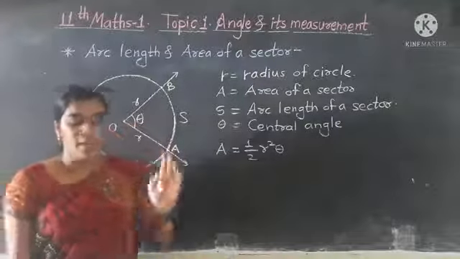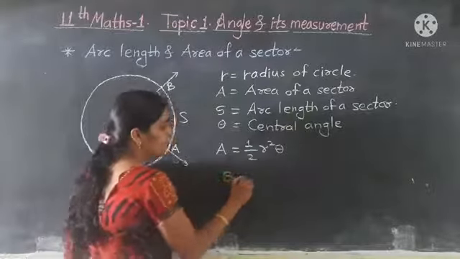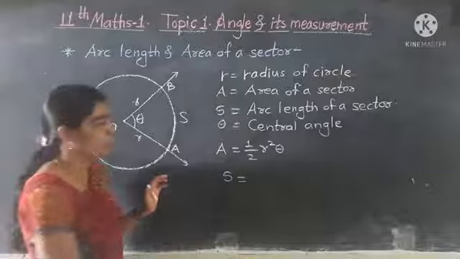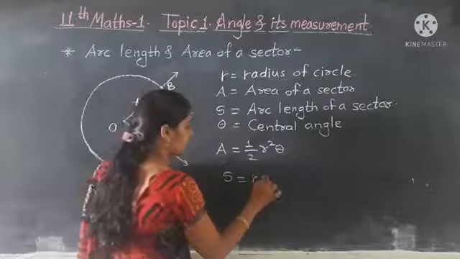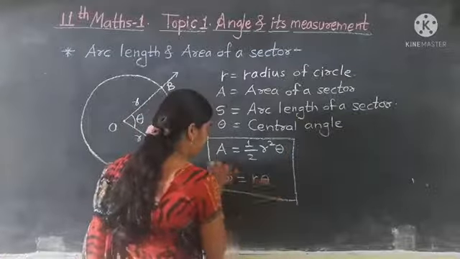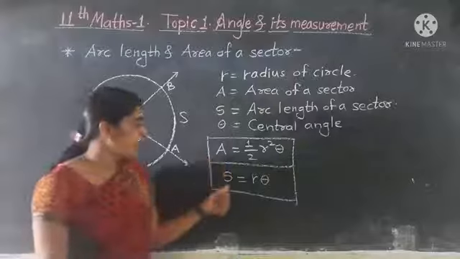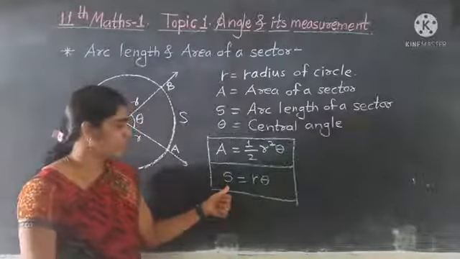Then second, arc length, we denote arc length by S. S is equal to R theta. These are the two important formulas for finding area of sector and arc length of a sector.